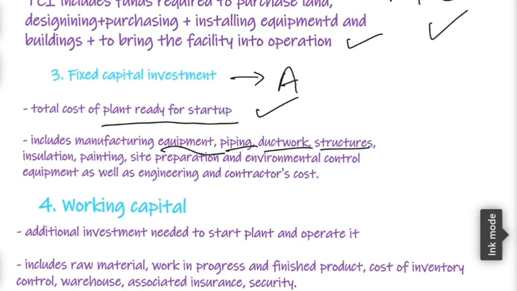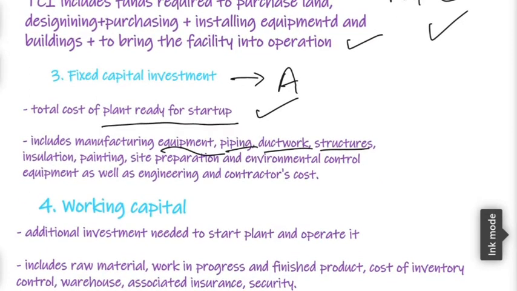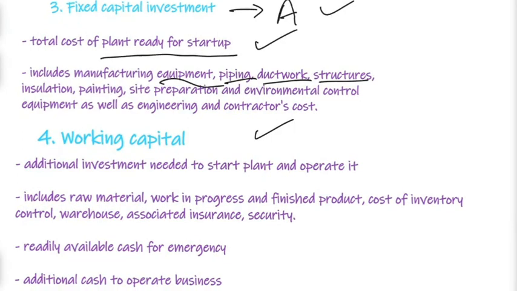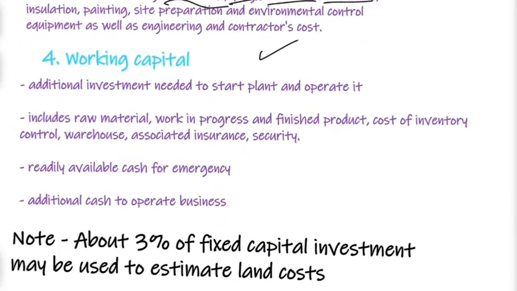Next we have working capital. We have studied that capital cost is the addition of three parts, that is fixed capital investment, working capital investment, and the land cost. The second is working capital investment. It is an additional investment, excluding the fixed capital investment.